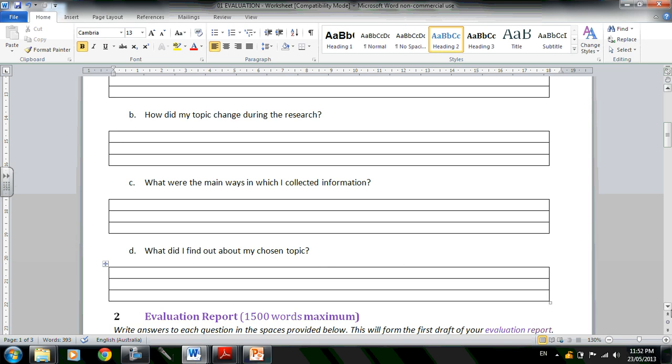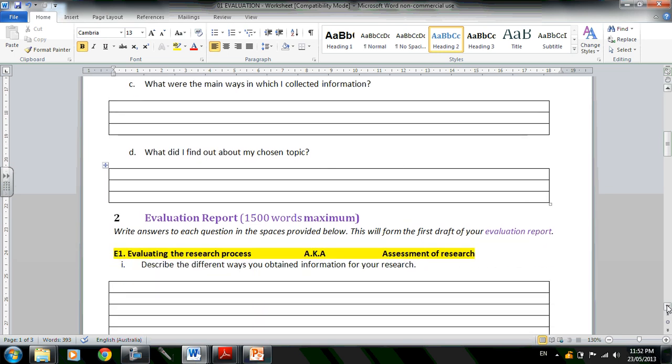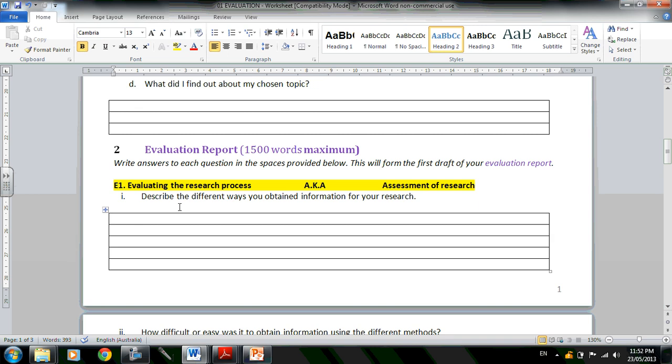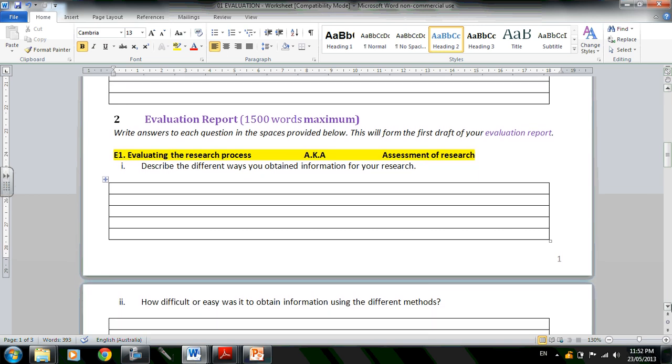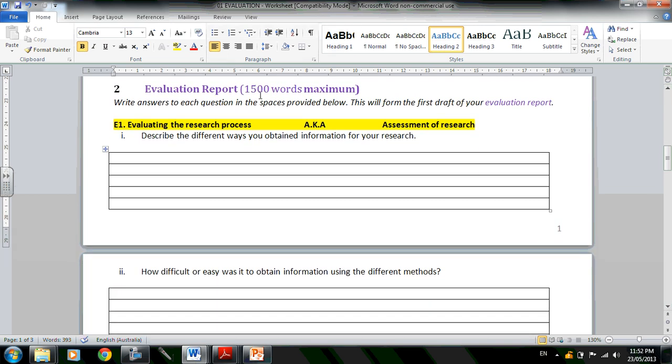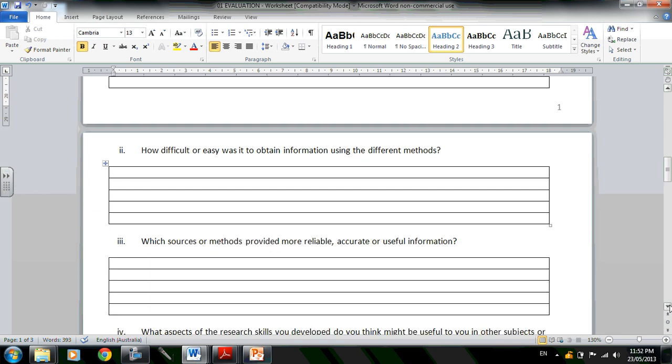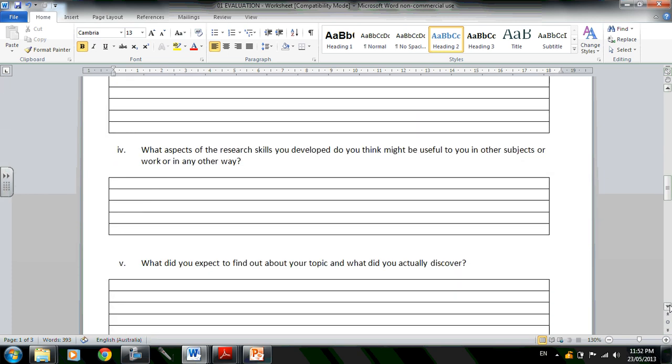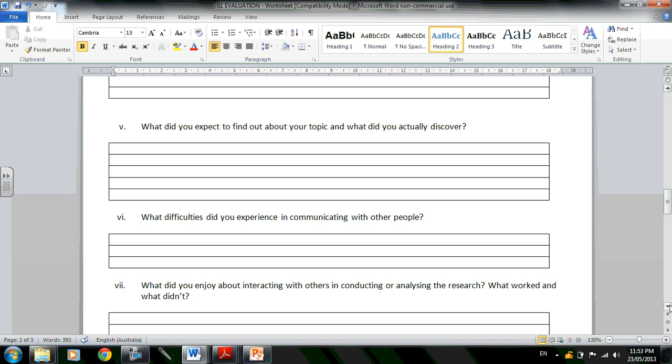Now we start the evaluation report, and these ideas can be your first draft. That will be your guidance. Describe the different ways you obtained information in more detail. Now, you have mentioned them above, but you have to describe them, how difficult or easy it was to get these methods, which sources you used. Start thinking, start writing all these answers to these questions.